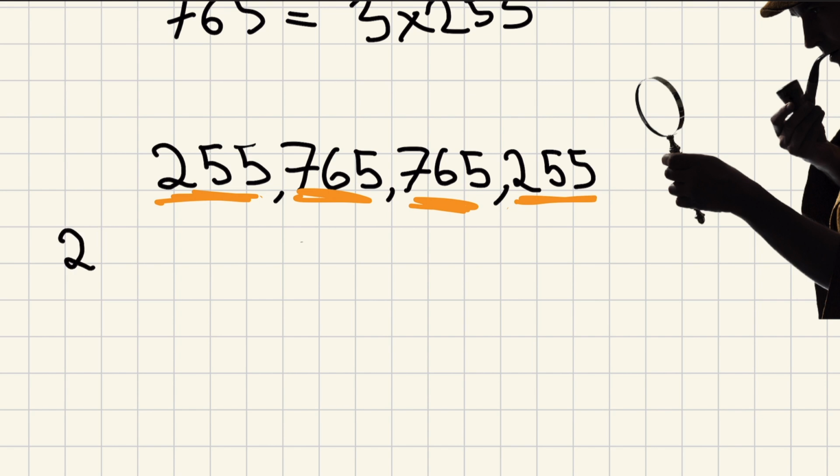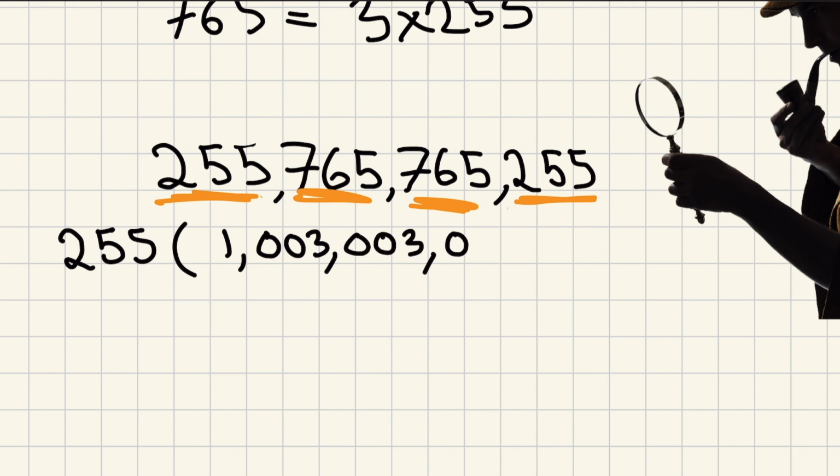So we can rewrite this thing as 255 times 1 billion, and then it's going to be 3,003,001. So we've already separated this out into two significantly smaller numbers.